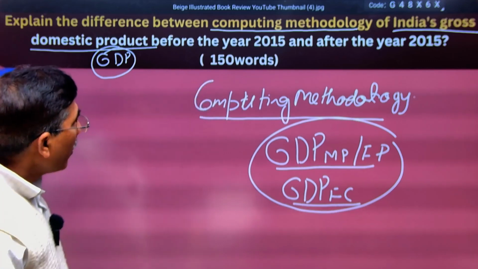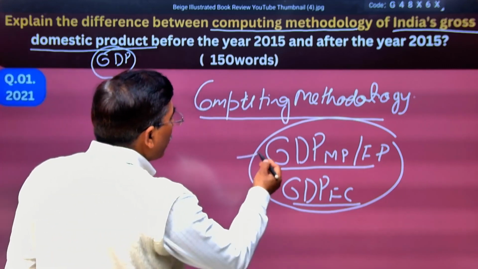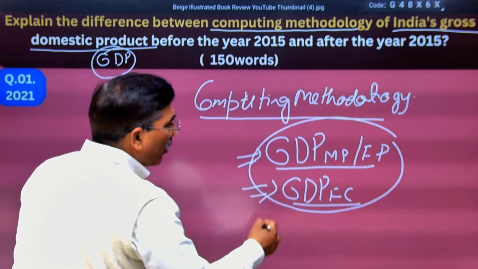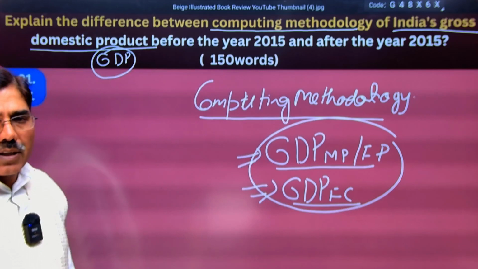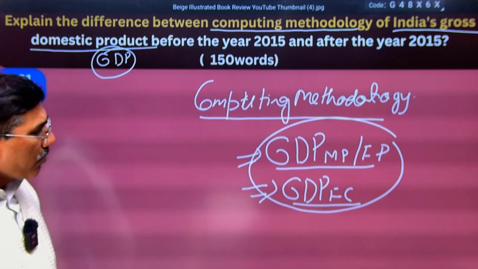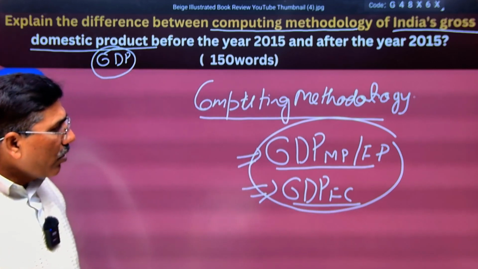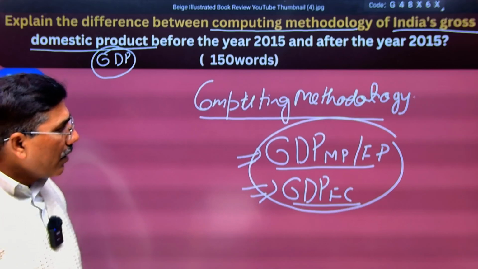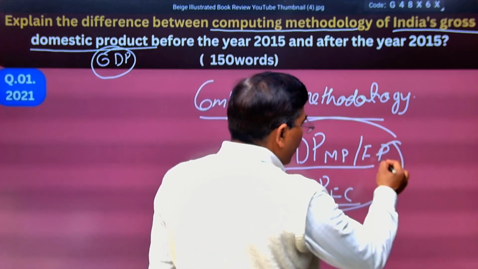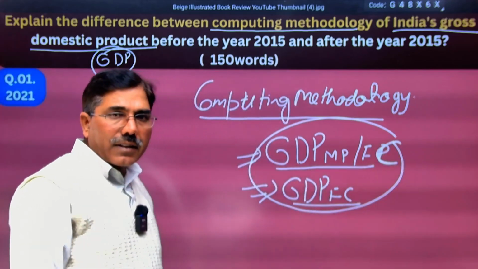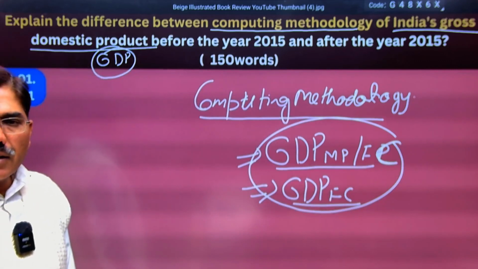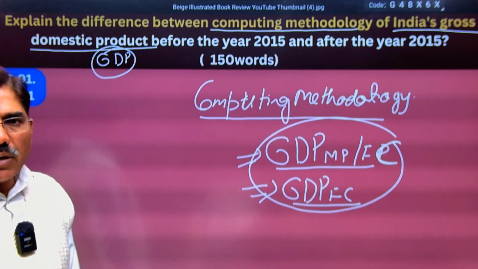First of all, you need to know the meaning of gross domestic product at factor cost or market price. Later on, you will understand what is the major difference made by the government in the computing of national income after 2015.